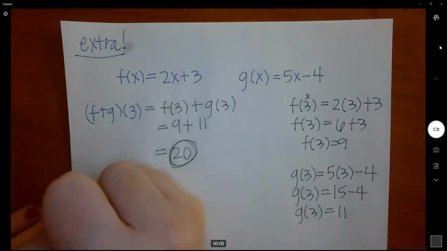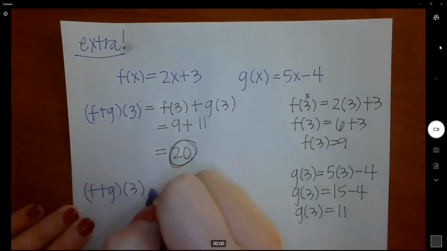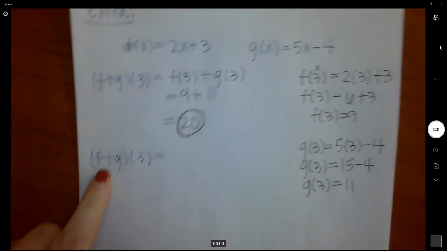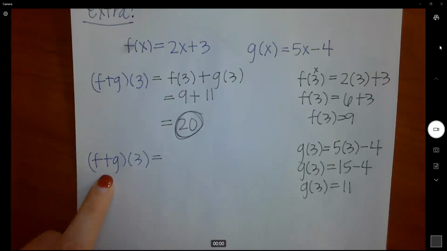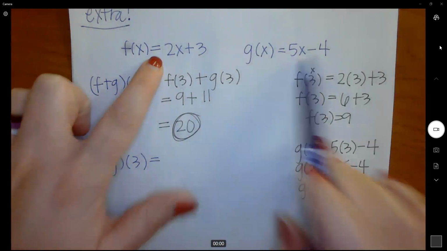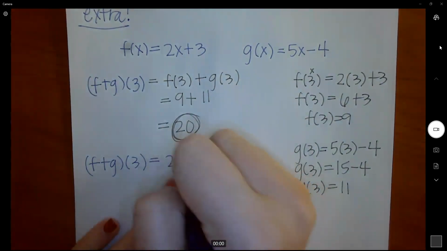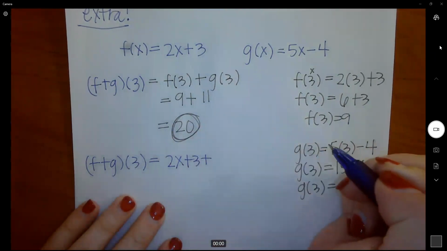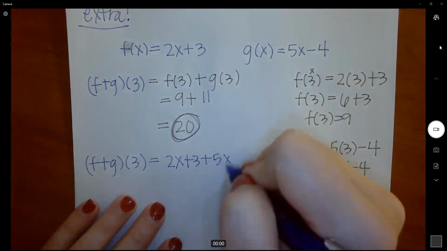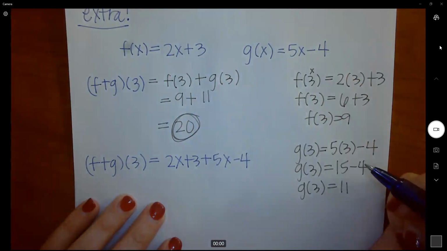The other way that I can do this is to figure out what f plus g actually equals first. So add these two together. So we would do 2x plus 3 plus 5x minus 4.